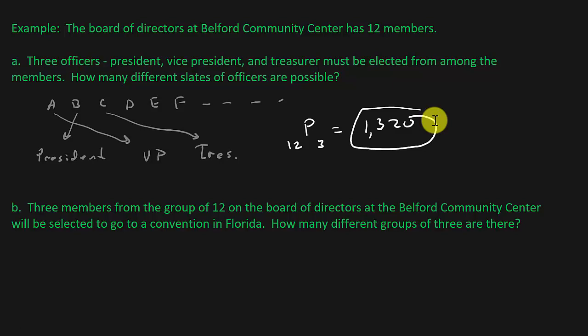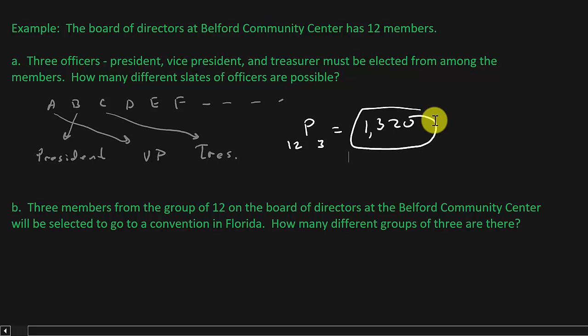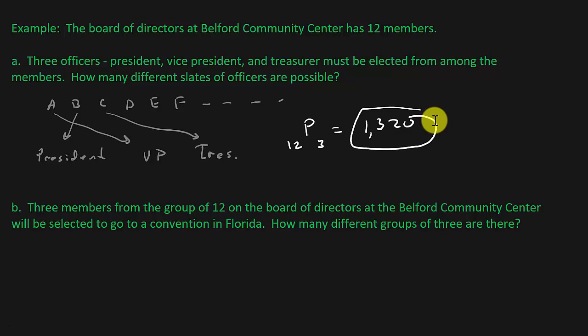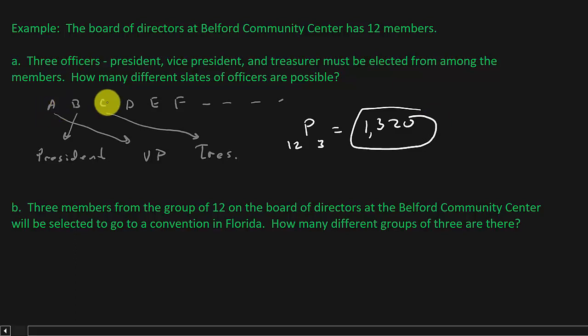Okay, so we're using the same information, but they're asking a different question, aren't they? So I've got the 12 members over here, and I need to pick 3 of them to go to a convention. So if I pick A, B, C, and I said, y'all are going, is that any different if I pick C, B, A, and said, y'all are going? No, it's the same 3 people.